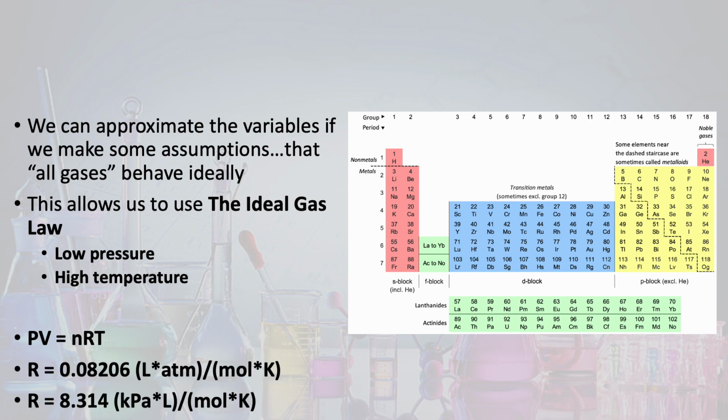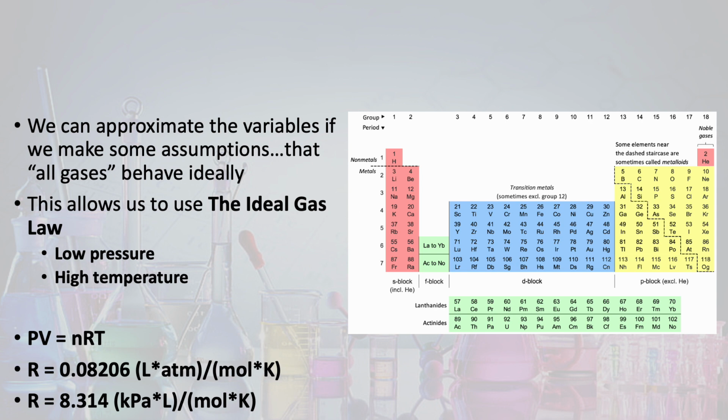So R, if you've never seen it before, can be either of these two things that are essentially interchangeable if you convert between units, which is a little beyond what we're doing right now. But we're going to give you two values for the constant R that you can choose to use when you need to. So the first being R equals 0.08206, and the units on this are liters times atmosphere divided by moles times Kelvin.